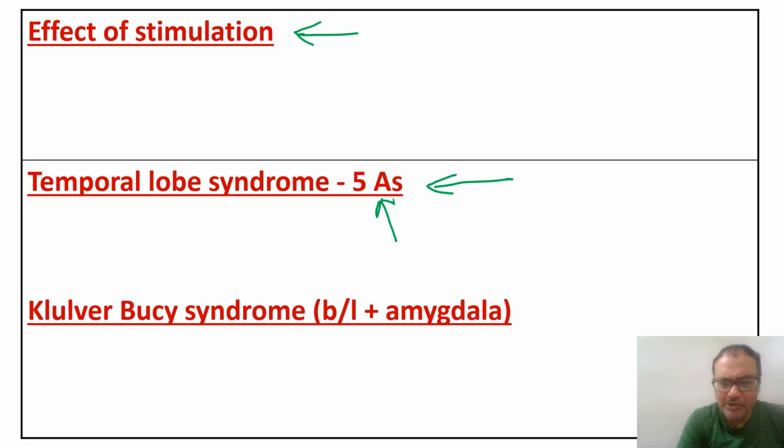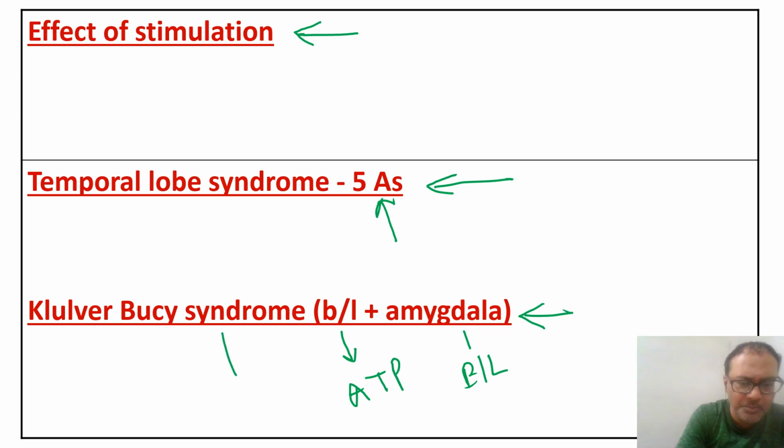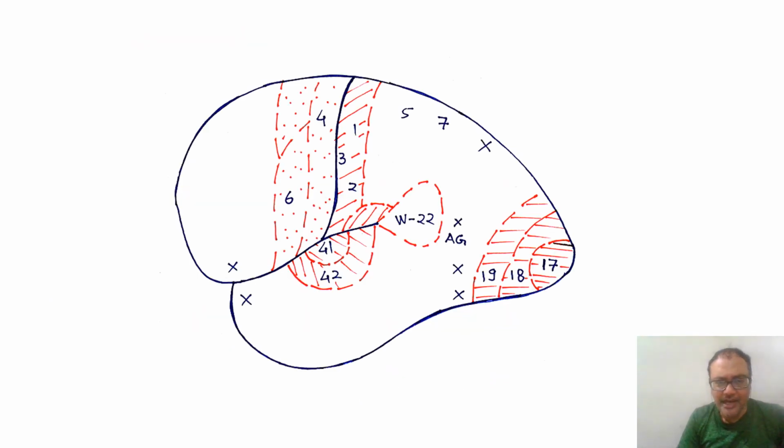And there is also one more condition associated with ablation, especially if the bilateral anterior temporal pole is removed along with bilateral removal of the amygdala, then Kluver-Bucy syndrome results. So we will understand all this with the help of the same diagram.